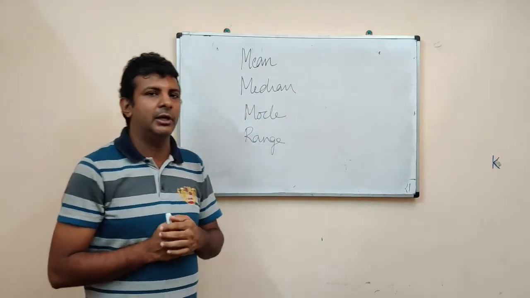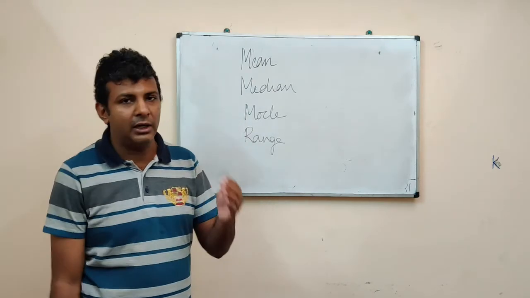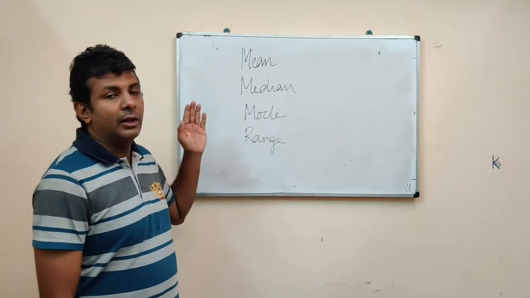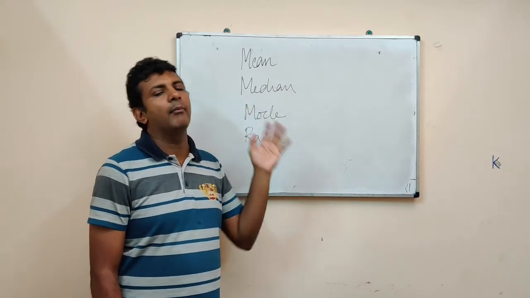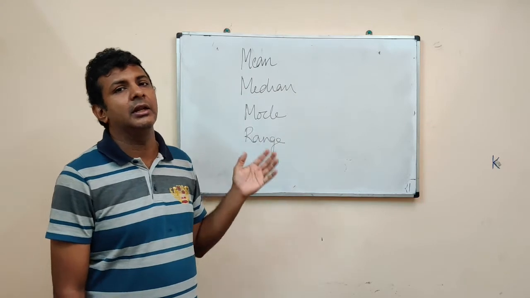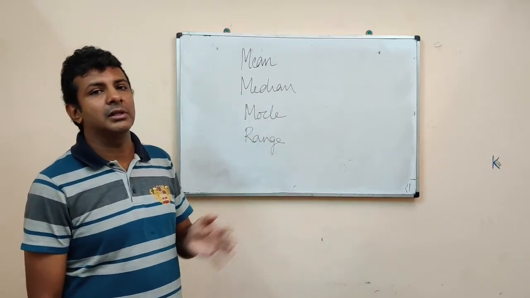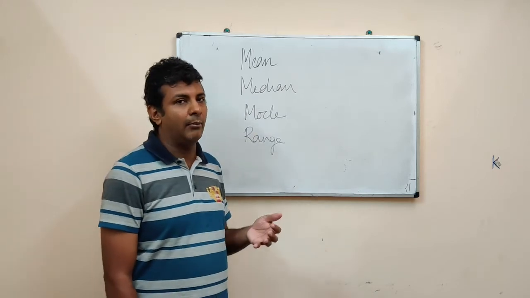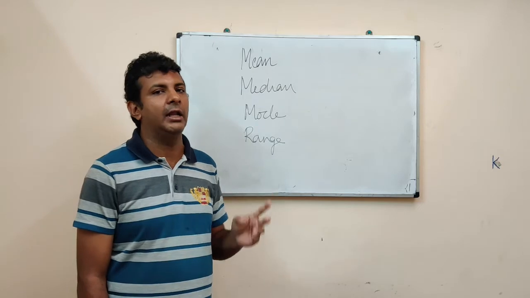Median has two possibilities. If the number of entries in the set is an odd number, then median is the middle number when the numbers of the set are arranged in either ascending or descending order. If the number of elements in the set is an even number, then median is the mean of the middle two values.